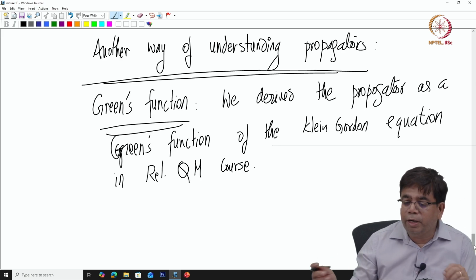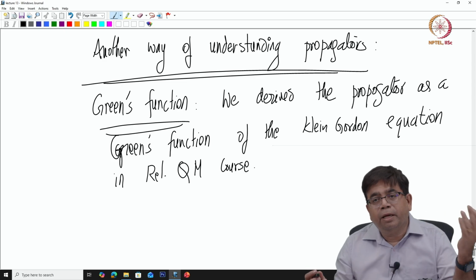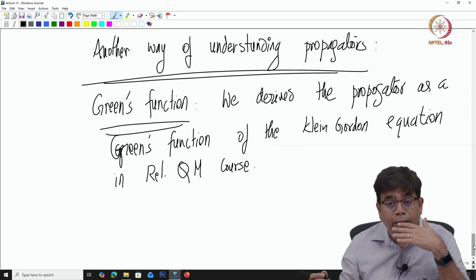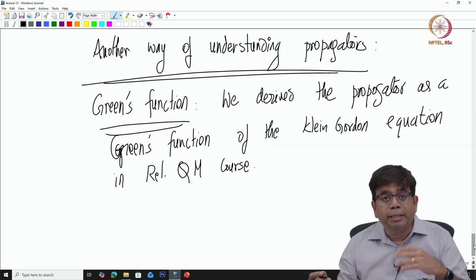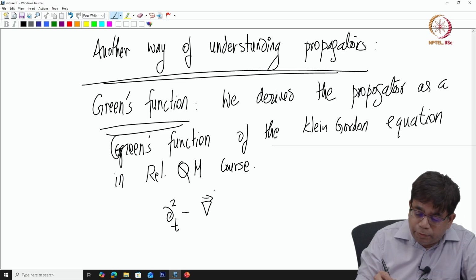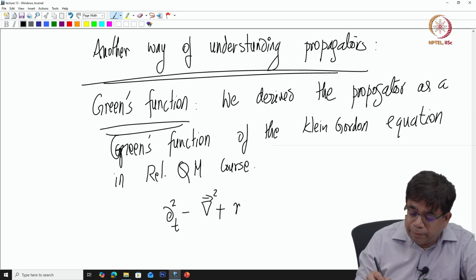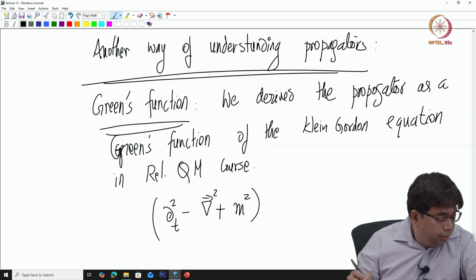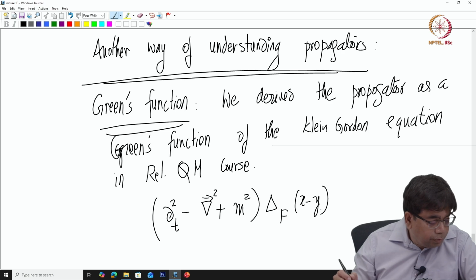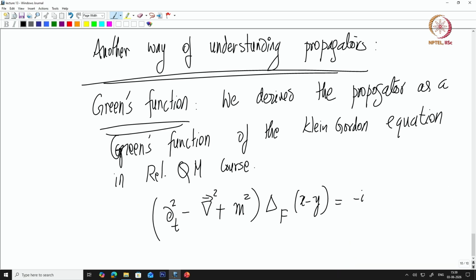The basic idea is that there we didn't talk about time ordering, and we didn't do it in terms of mode expansion. But there what we did was write down the Klein-Gordon equation, (∂² + m²) Δ_F(x − y) = −i δ⁴(x − y).